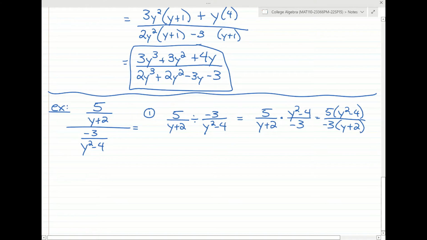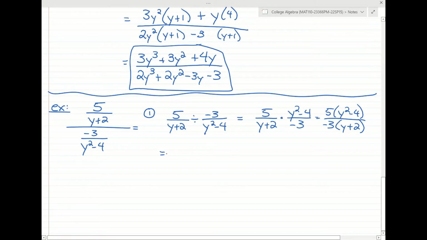This one's a little bit different though, because at the end we could still simplify this. It doesn't look like we can right now, but there's something else we could do to cancel out a common factor. Does anyone see what it is? Very good. What we said in class is we could factor the top.